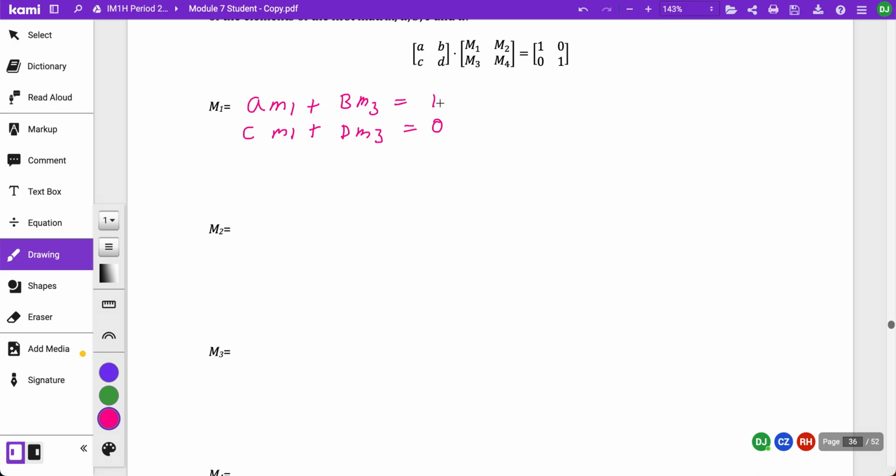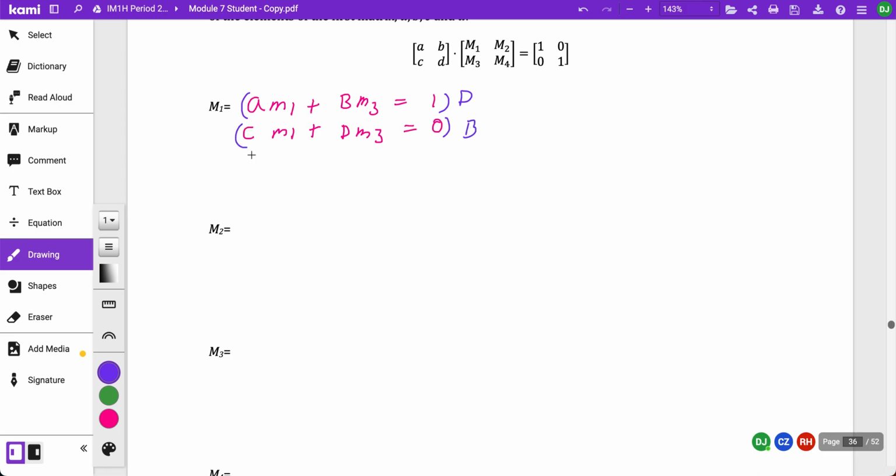Now remember, what I'm trying to do is get M1 all by itself. If I'm trying to get M1 all by itself, I know I would like to eliminate the BM3 and the DM3. So what I'm going to have to do then is multiply the top equation by D and the bottom equation by B as in boy.